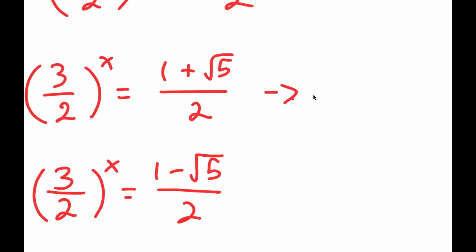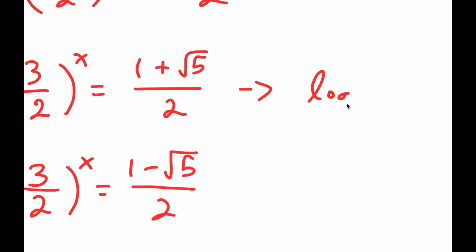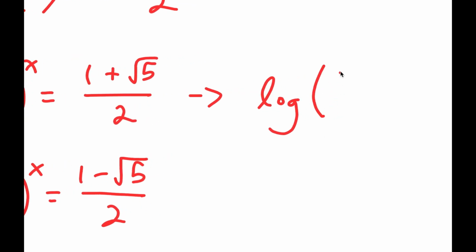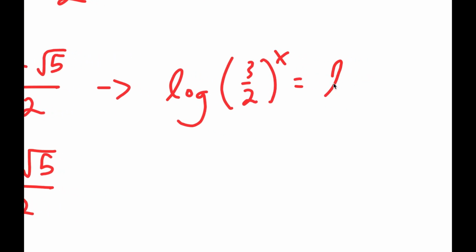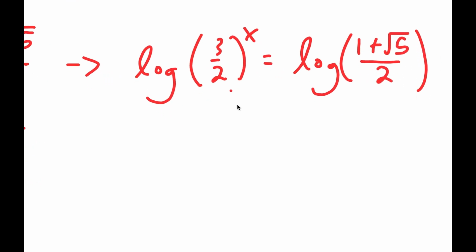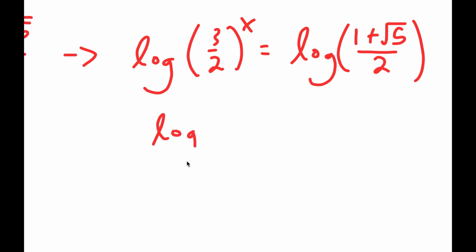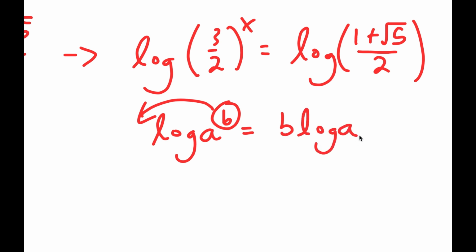So to solve this, I'm going to start by taking the log on both sides. So I get log of 3 over 2 to the power of x is equal to log of 1 plus the square root of 5 over 2. And if I have something in the form log a to the power of b, I can move this exponent b to the front, so this can equal b times log a.